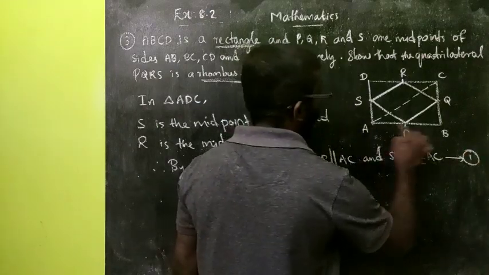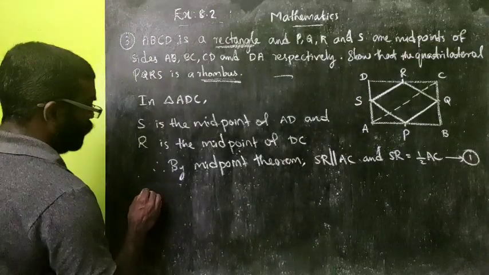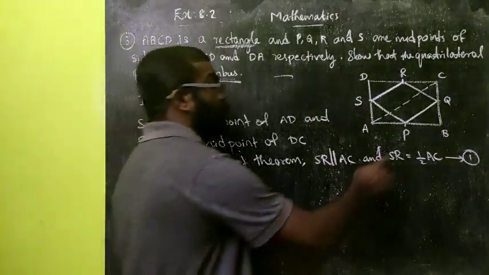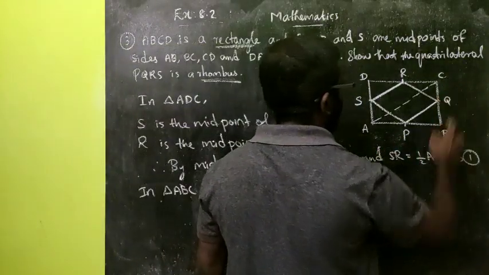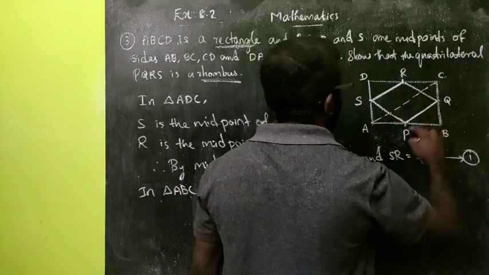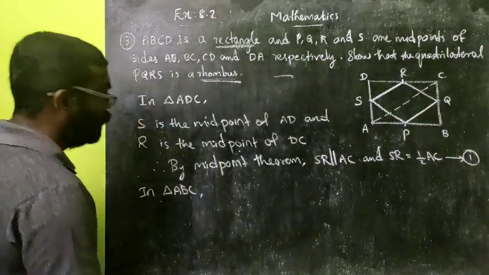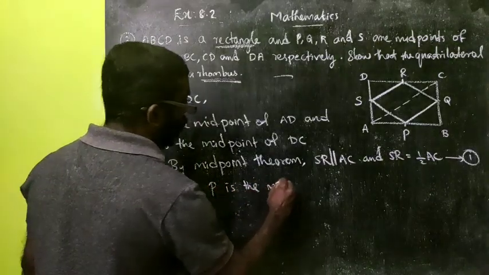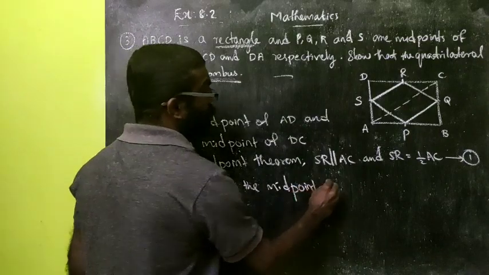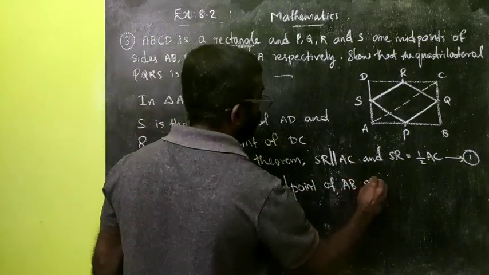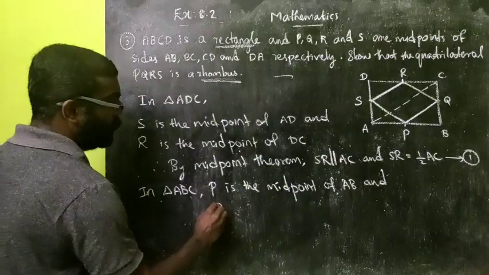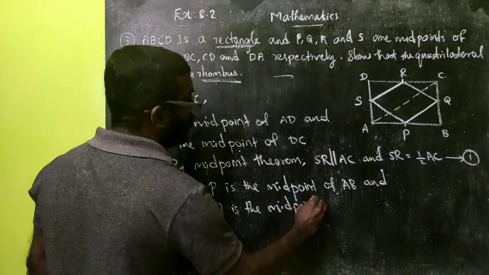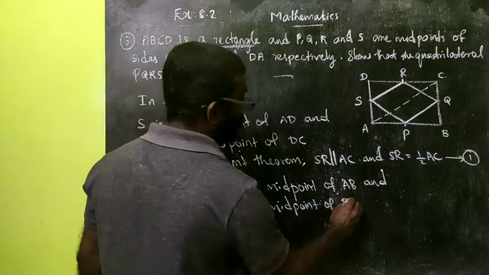Similarly, we can consider the triangle ABC. So in triangle ABC, P is the midpoint of AB, Q is the midpoint of BC. So PQ parallel to AC and PQ equal to half AC. Okay. P is the midpoint of AB and Q is the midpoint of BC.